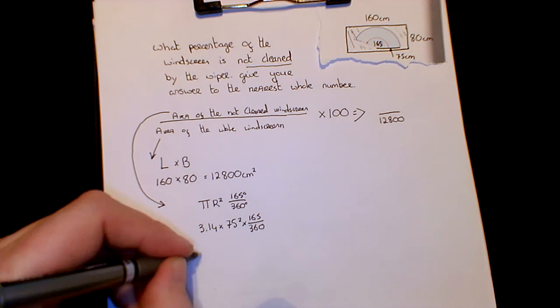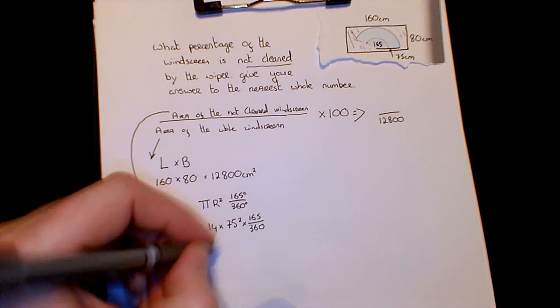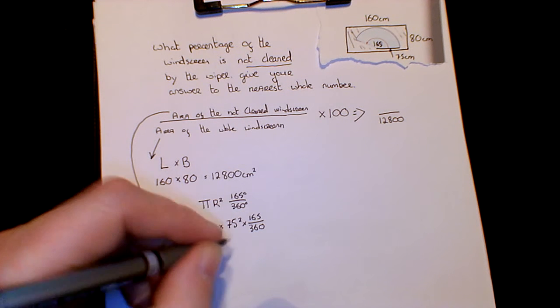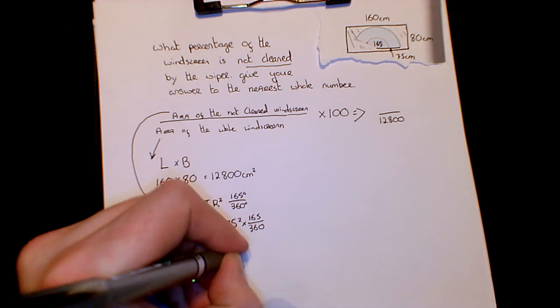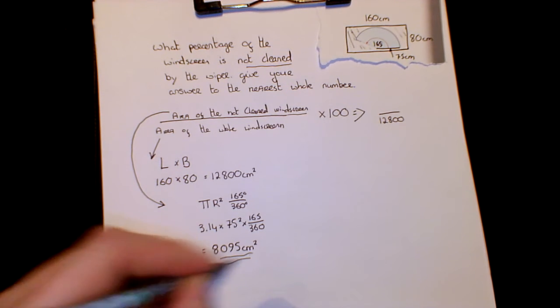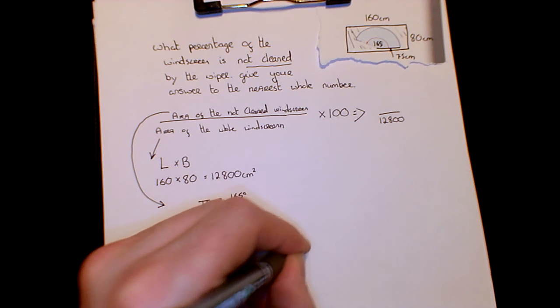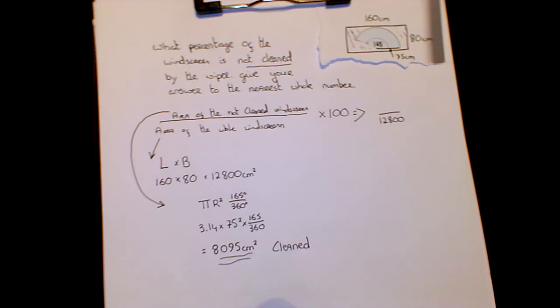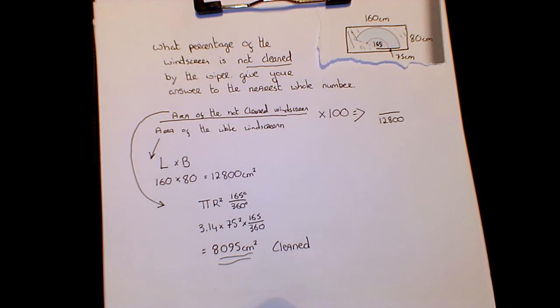Okay, and that will give us, just one sec, I'm just going to round it to the nearest whole number. So that's that. Now be careful, that's the cleaned bit. Okay, but we're not asking for the cleaned bit, we want the not cleaned bit.